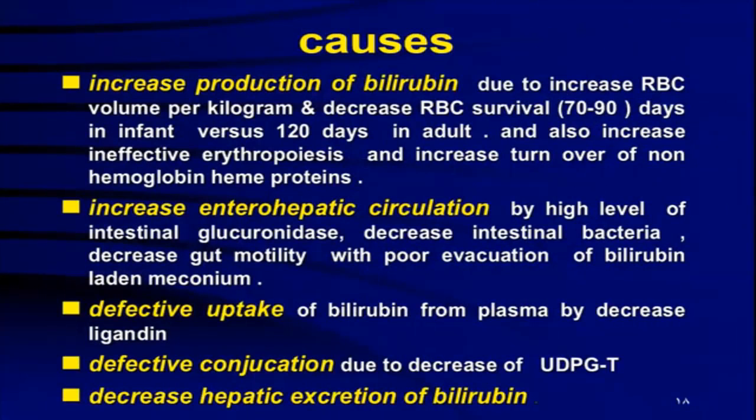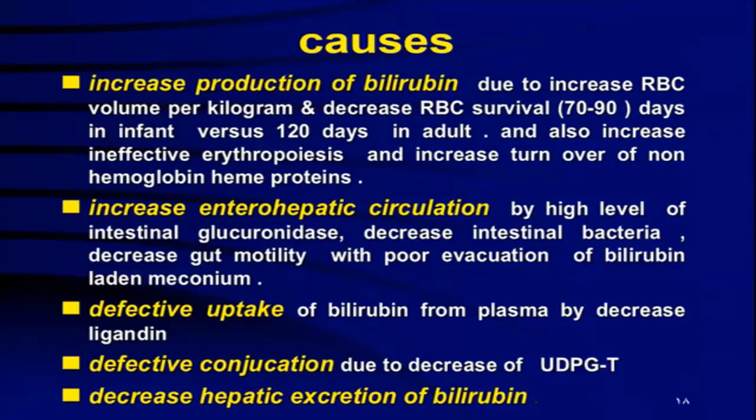Causes: increased production of bilirubin due to increased RBC volume per kilogram body weight and decreased RBC survival, which increases the load of heme in the blood.